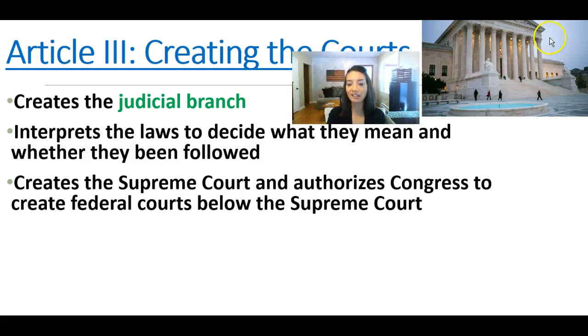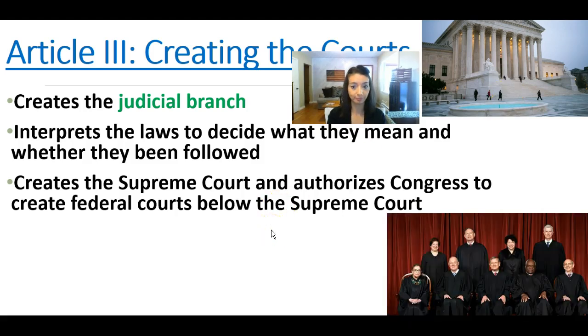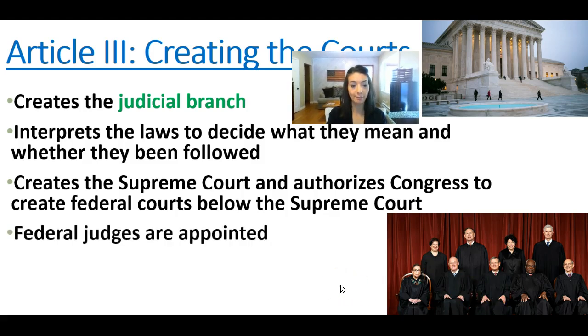Anyways, there is the outside of the Supreme Court building, just to give you a look at it. These are the Supreme Court justices. And then the judicial branch can also appoint federal judges.